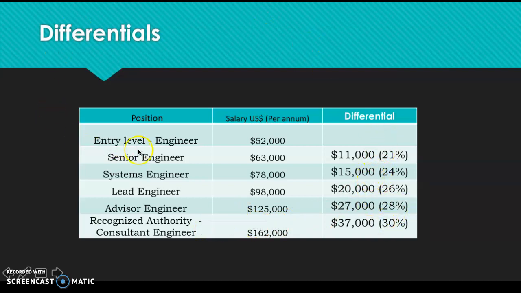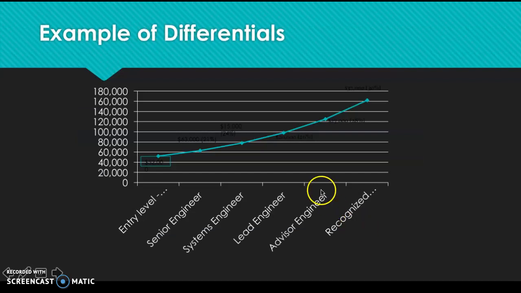So this is what we mean by levels. And then, of course, this is what we mean by the differentials. And I'm sure you can see that when it's represented as a percentage, there's much more value there. It makes sense in terms of analysis rather than looking at 11, 15, etc. Okay. So again, this is just the same information here in a graphical format.